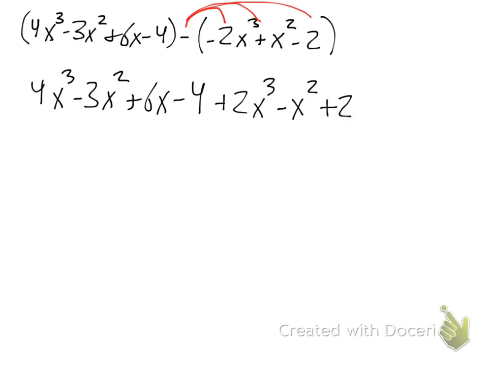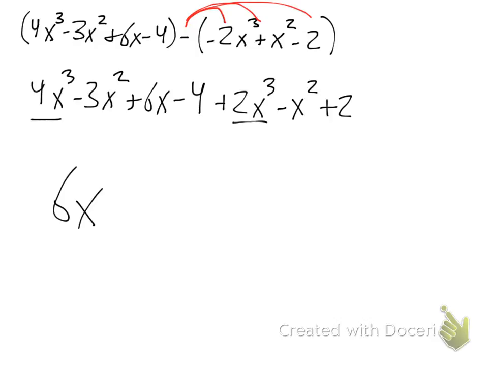And at this point, ladies and gentlemen, it now is the same as it was for addition. Gather related terms. You look for, what's the highest exponent? 3. I have one here, and I have one here. What's 2 of them plus 4 of them plus 2 of them? 6.